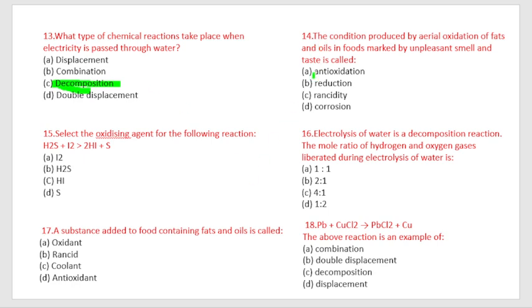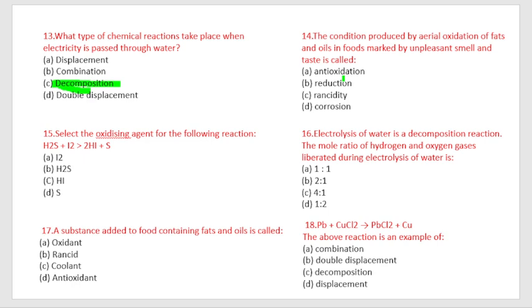Then the 14th question. The condition produced by aerial oxidation of fats and oils in foods, marked by unpleasant smell and taste, is called what? Unpleasant odor, smell that comes out from the packets, is it? Our Lay's packet, so many things are there, is it? Mixture packet, banana chips packet, all those packets.